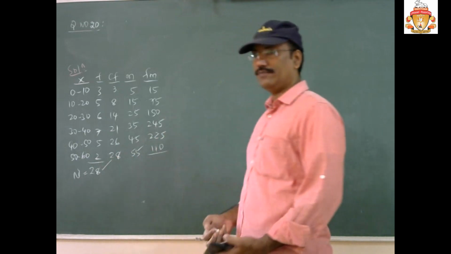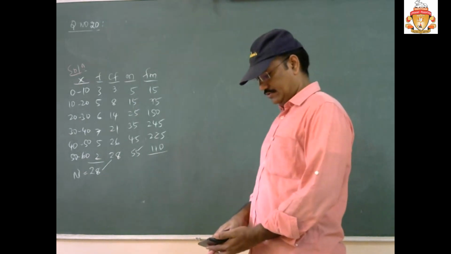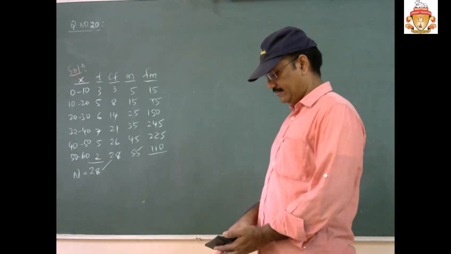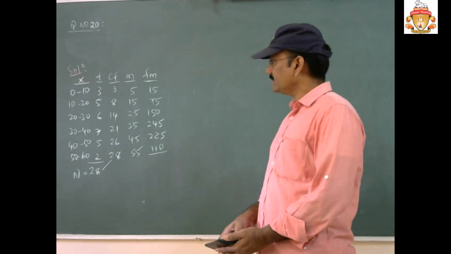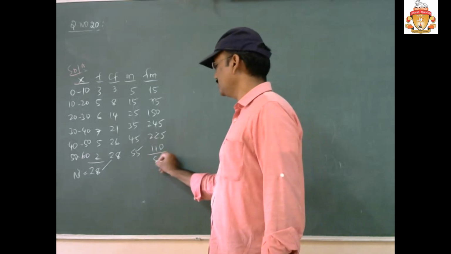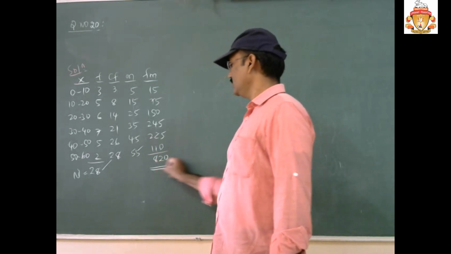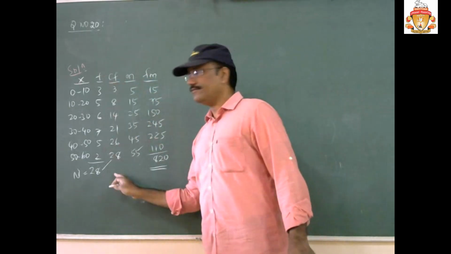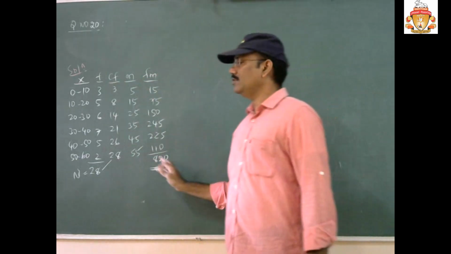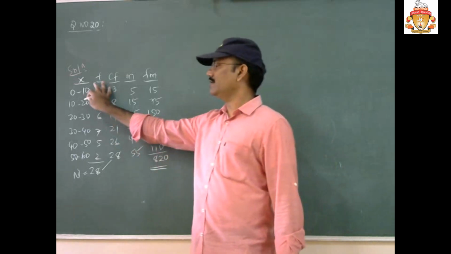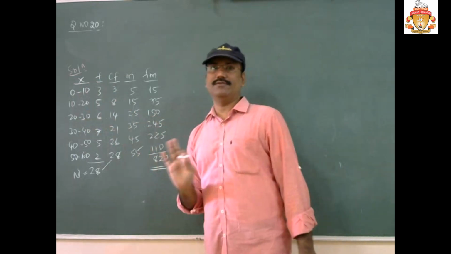So find the total of this, 820. You all check the total. So for median purpose we need the CF, for mean purpose we need the fm. No need of any information for mode calculation. For mode, the frequencies and class intervals are enough.